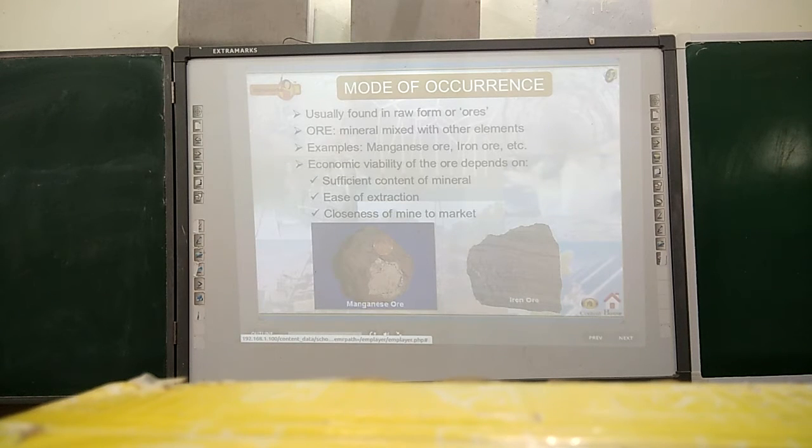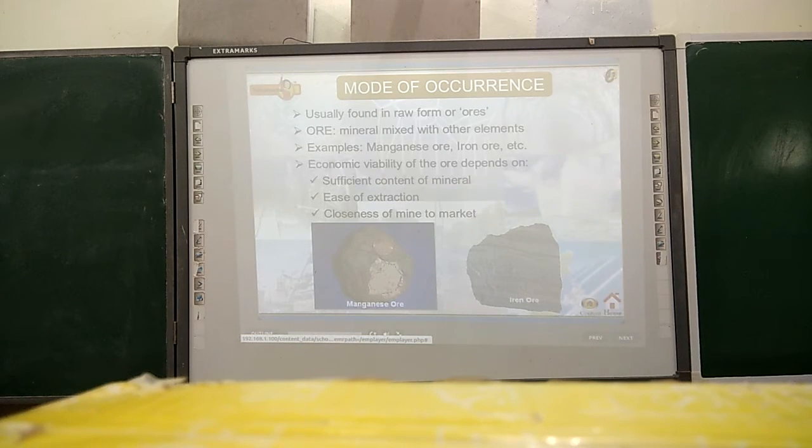Here you see the examples: manganese ore and iron ore are the best examples of ore. Economic viability of the ore depends on sufficient content of mineral, ease of extraction, and closeness of the mine to the market.